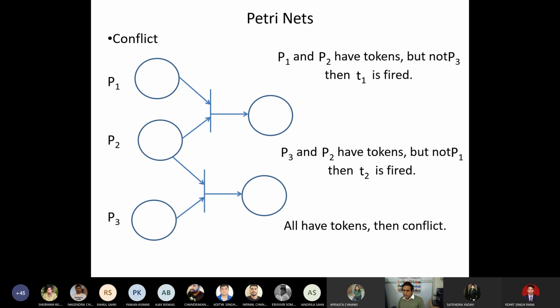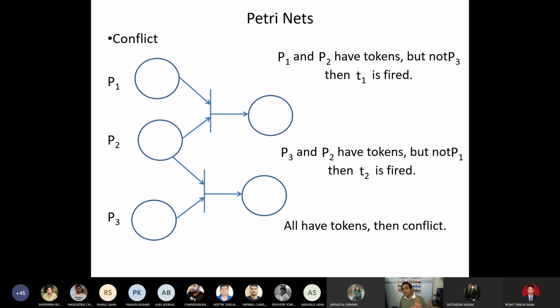Here you have an input place which is common for both of these transitions. Now think of a system or a process. Can it concurrently work for two transitions? No, it cannot.